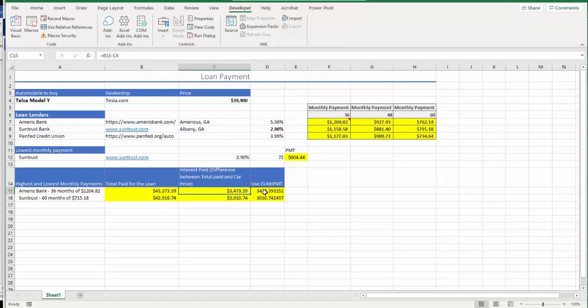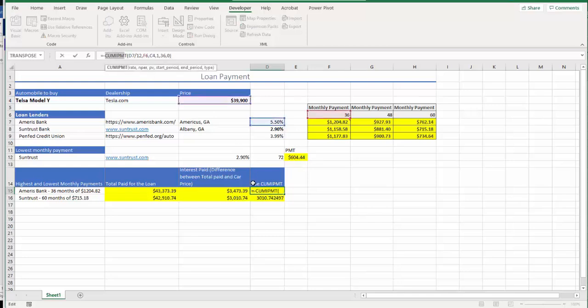So to confirm this number, we decided to use an Excel function, which is CUMIPMT, cumulative interest payment. As you can see, starting with CUMIPMT with a minus, right? Minus CUMIPMT, and the first variables will be almost the same as the PMT function.